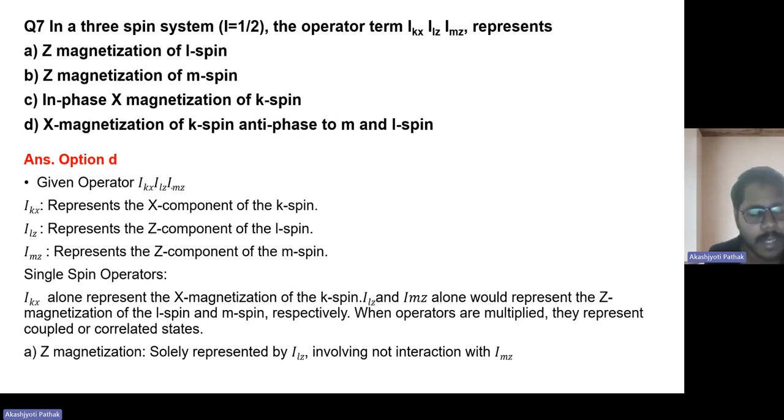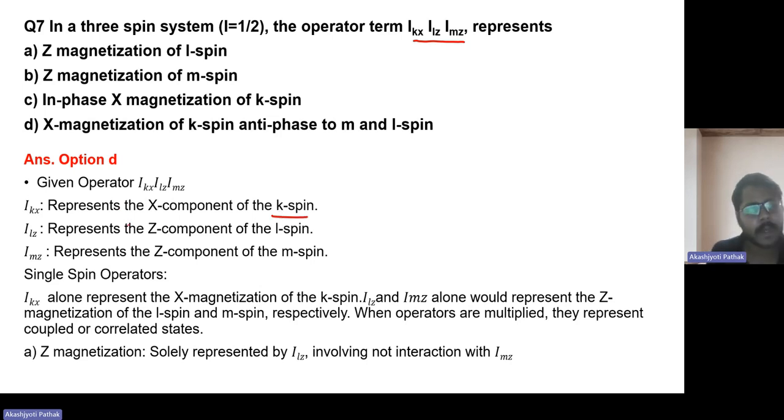So let's try to understand this. The given operator is IKX, ILZ, and IMZ. What does this IKX represent? It represents the X component of the K spin.